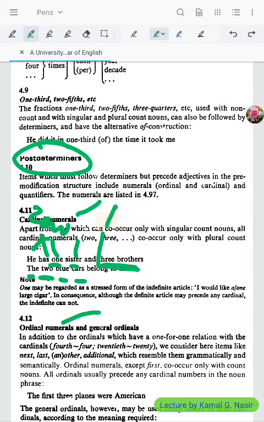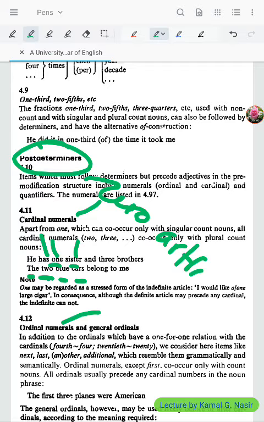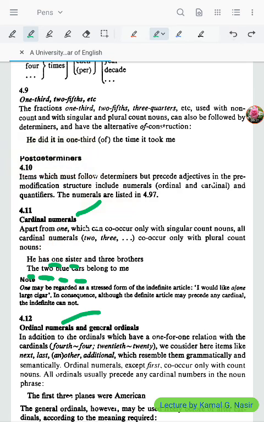And here in this example, also 3 is post determiner, and the determiner is absent, so it is 0 determiner or 0 article. It is called 0 article. Clear?